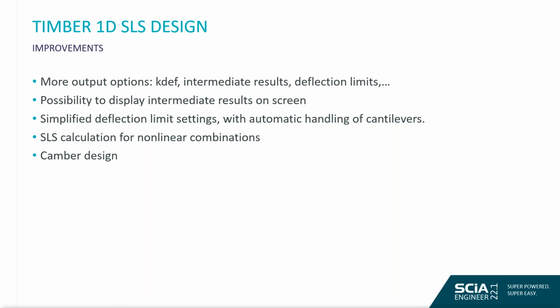But we still offer a solution for it, where we will look at the linear calculation, the ratio between the load cases there, and we will use the same ratio on your nonlinear results to define an SLS calculation there. So yeah, it's a compromise to be able to get results for SLS in nonlinear combinations.